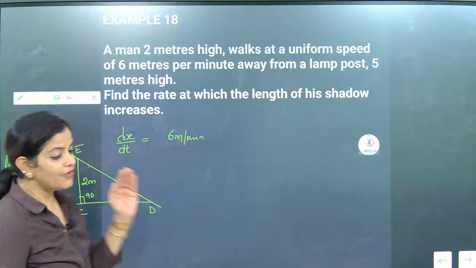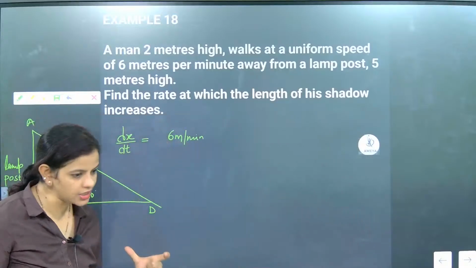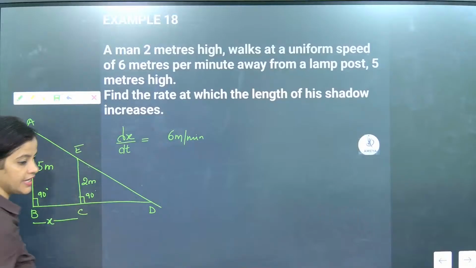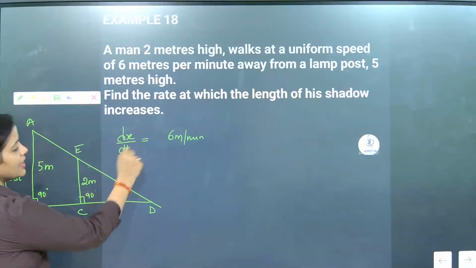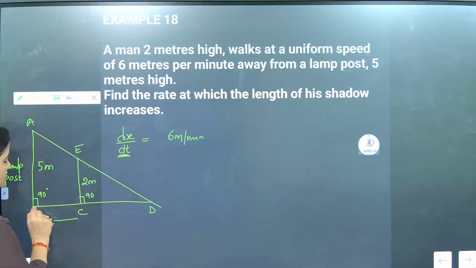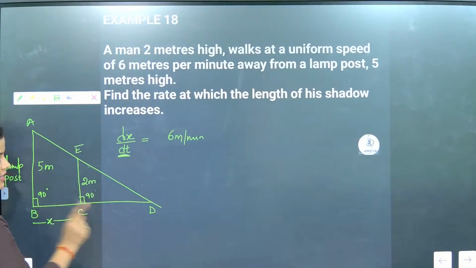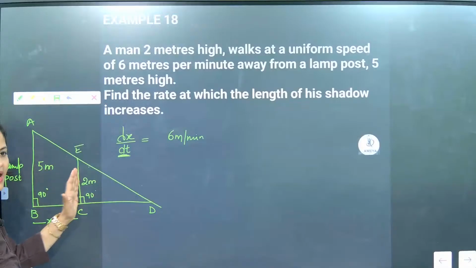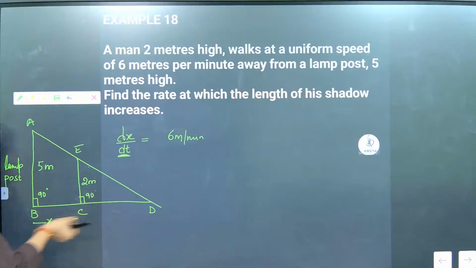Now listen. When you are doing this work, please pay attention here. The rate is dx by dt, because this distance I have assumed as x. This is the distance between the pole and the man, and what we are writing here is x. dx by dt means the man is going away, so this distance is actually changing.